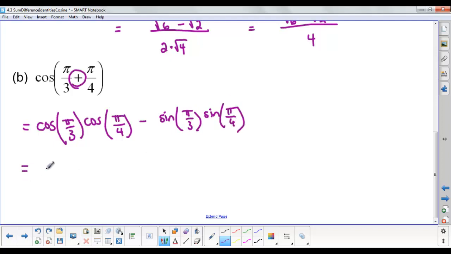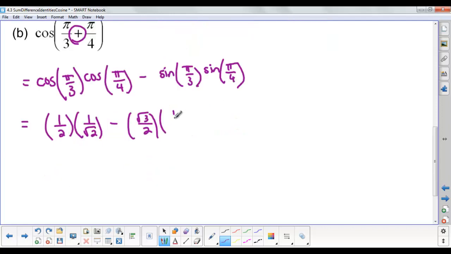And again, we can use special triangles to evaluate. So cos of pi by 3 using our special triangles does end up being 1 over 2. Cos of pi by 4 is 1 over root 2. Sine of pi by 3 is root 3 over 2. And then sine of pi by 4 again is just 1 over root 2.